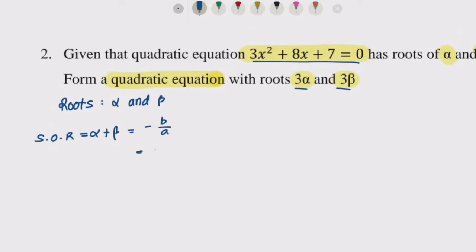Negative b over a is negative 8 over 3. So indirectly, alpha plus beta is equal to negative 8 over 3.